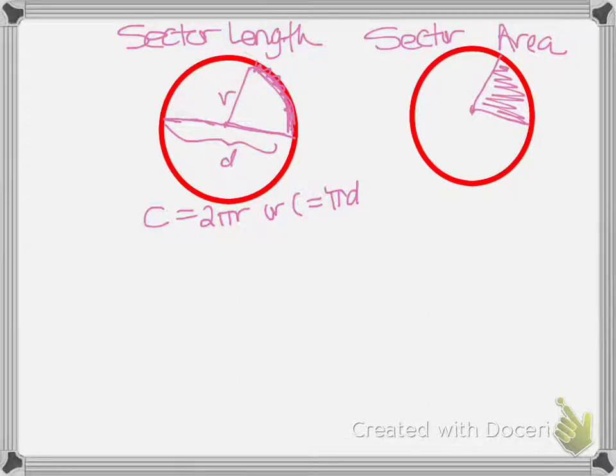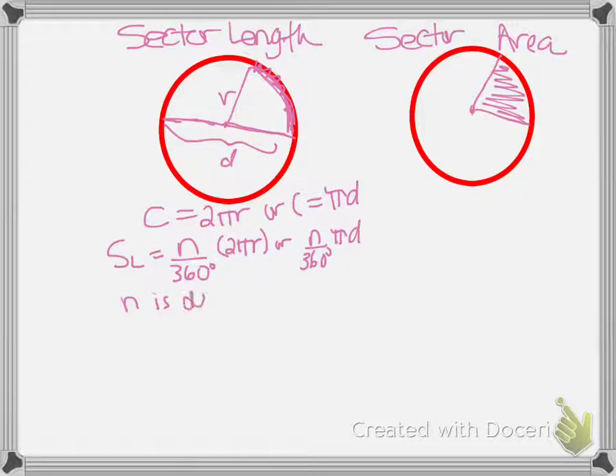So the sector length formula is either n over 360 degrees times 2 pi r, or n over 360 degrees times pi times diameter, but that's only if n is in degrees.